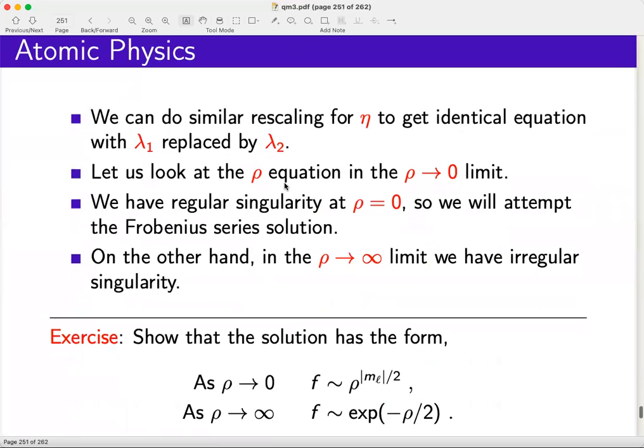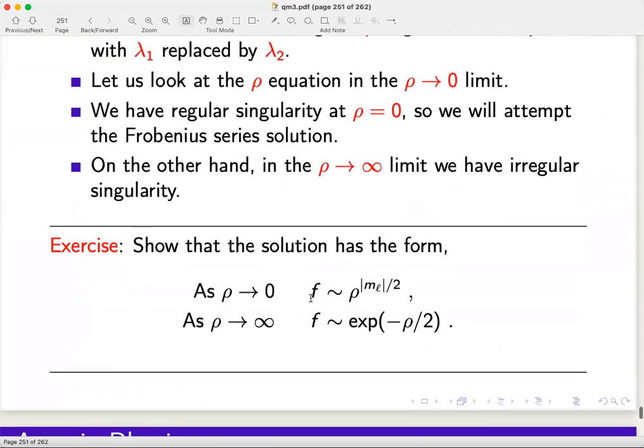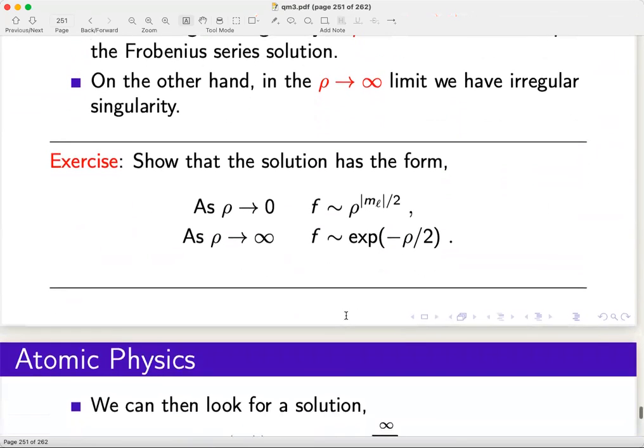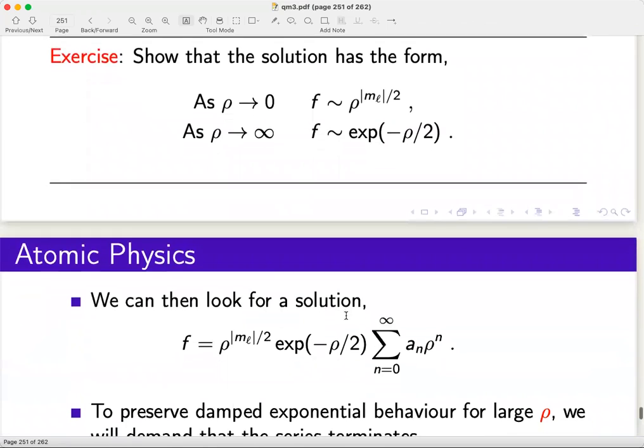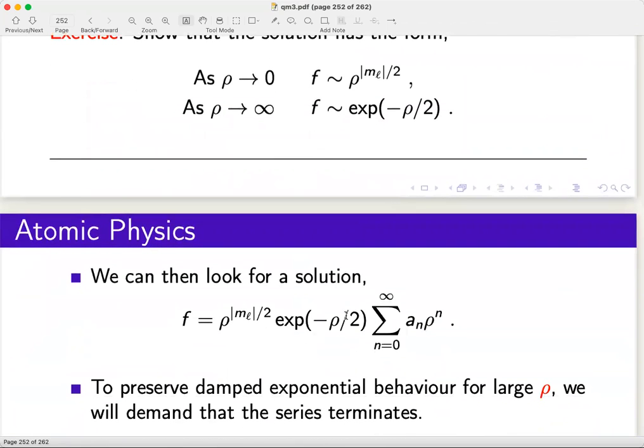So what we will do is use the fact that in the neighborhood of these two singular points the solution behaves this way, and use this to write down a solution which takes the form like this: rho to the mod ml by 2 times exponential minus rho by 2 times an infinite series a n rho to the n.